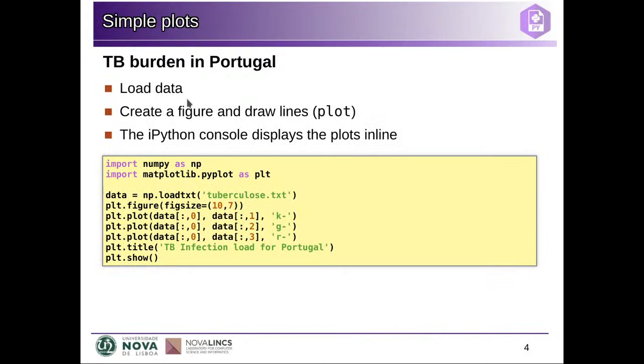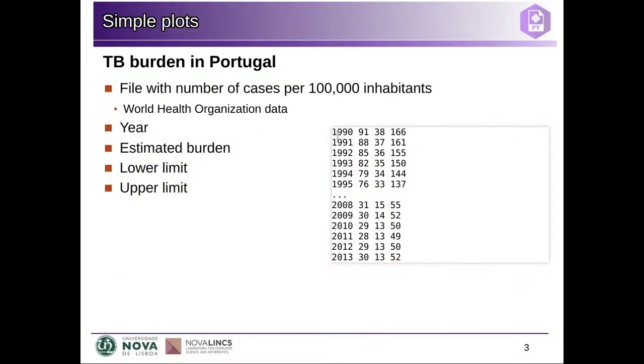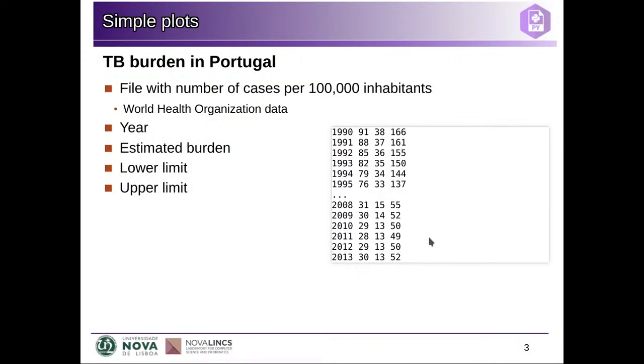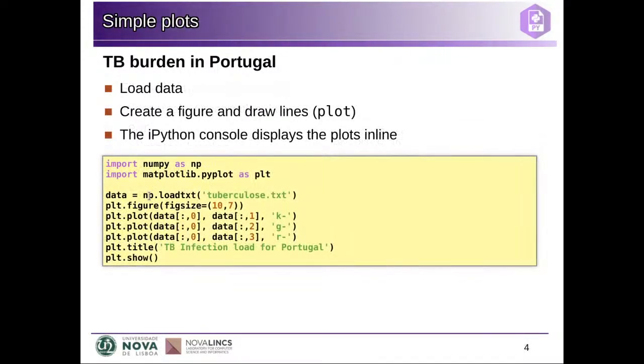To load the data, in this case, we can load this directly into a NumPy array, because this is just a file with numbers. So it's easy. You can just use the loadtxt function from NumPy, and you input the name of the file, and you get this as a NumPy array.